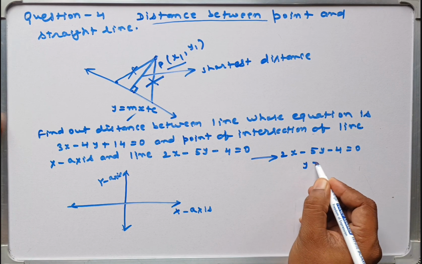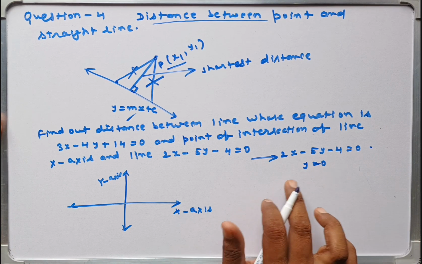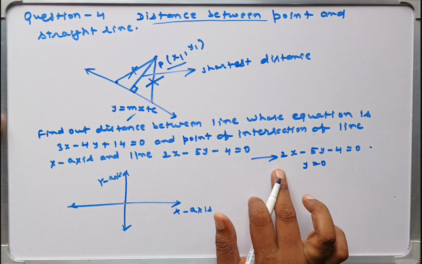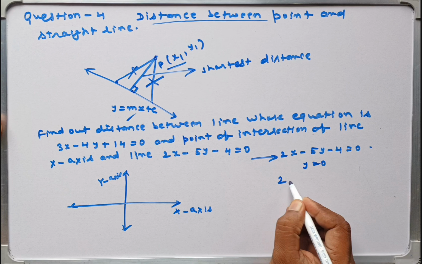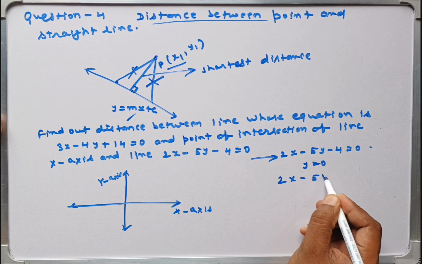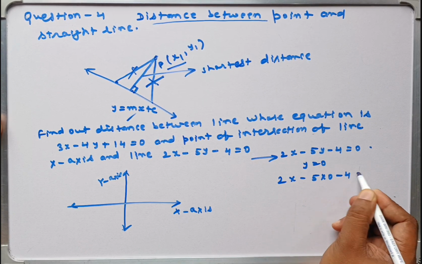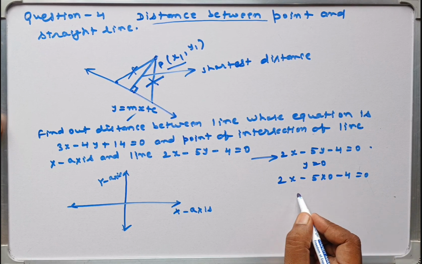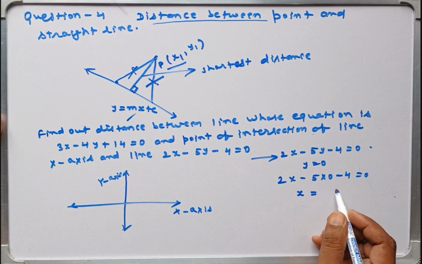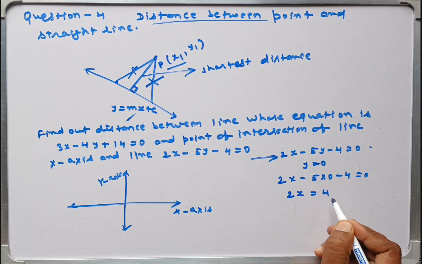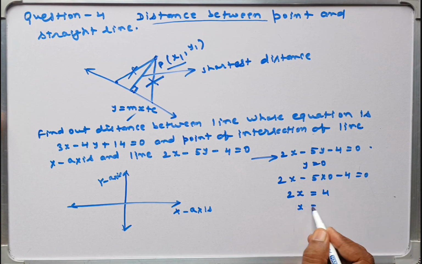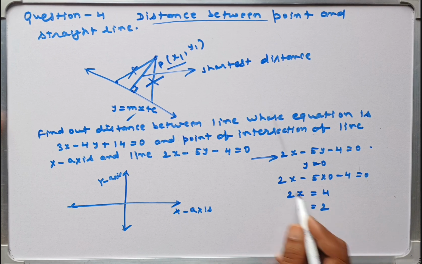So y equal to 0. When we put y equal to 0 in this straight line equation, then finally you get here 2x equal to 4, and finally x equal to 2.